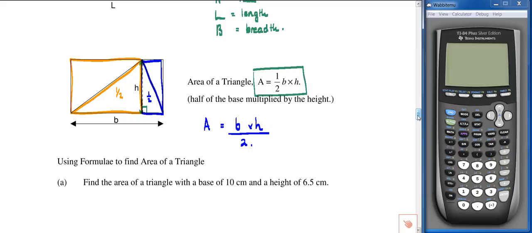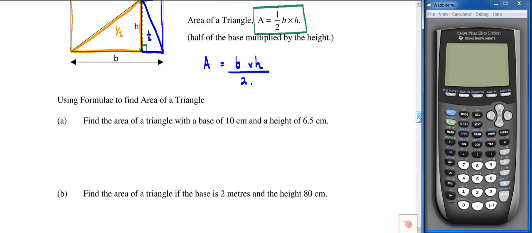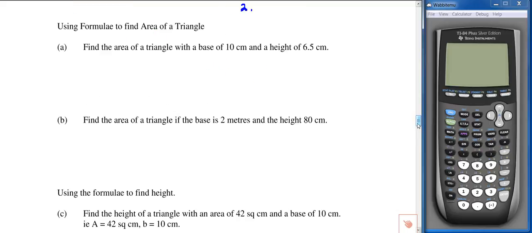Now we're going to try a little bit of substitution into that formula, and we'll show you exactly how to go about that, because there's a few little tricks to it. Using the area of a triangle, let's write that formula down: half times base times height, or base times height over 2.